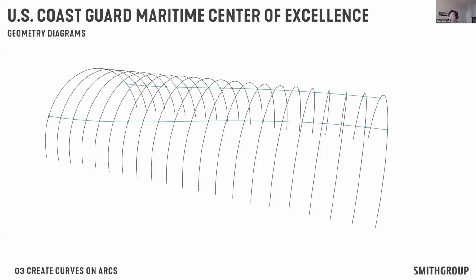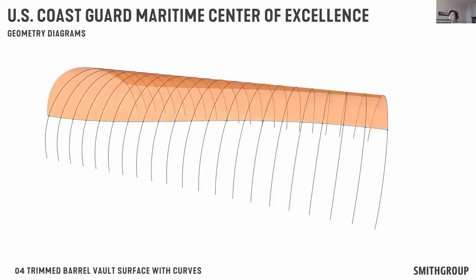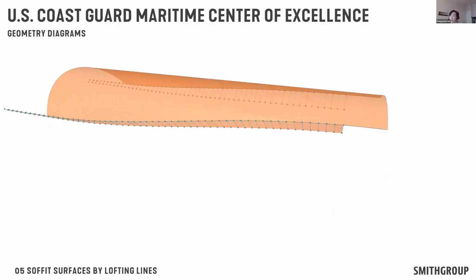The curves were created by connecting these points on arcs. They were then used to trim a barrel-vault roof surface. So the trimmed barrel-vault surface was the driver to create the building enclosure geometry. It might look complicated, but it is actually based on very simple geometry.